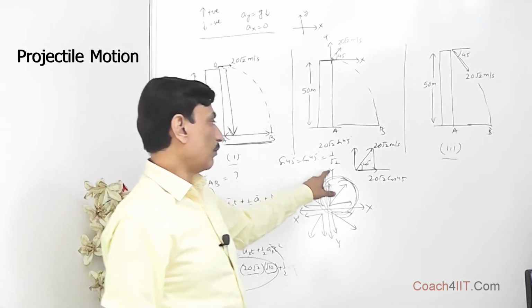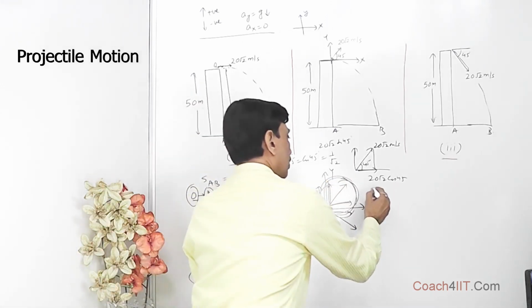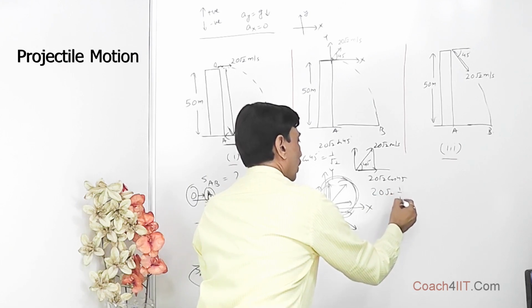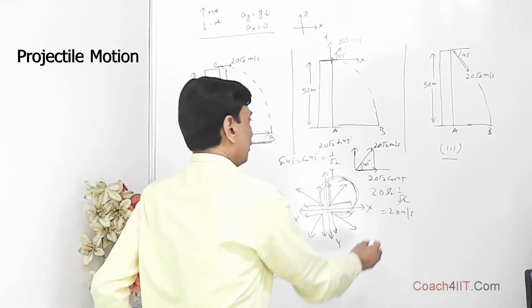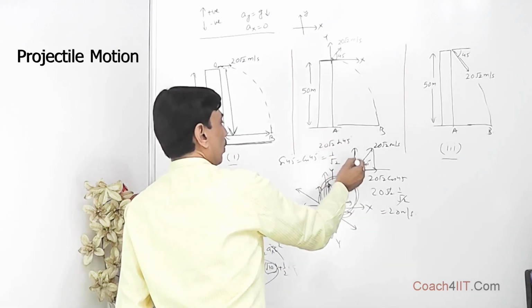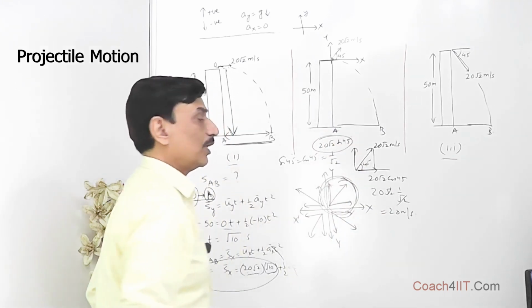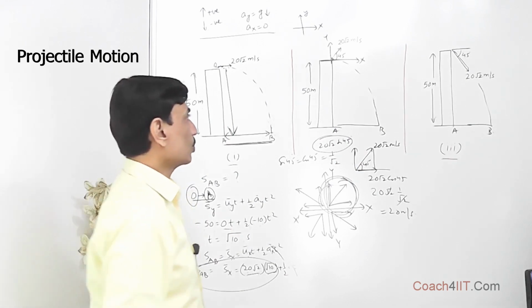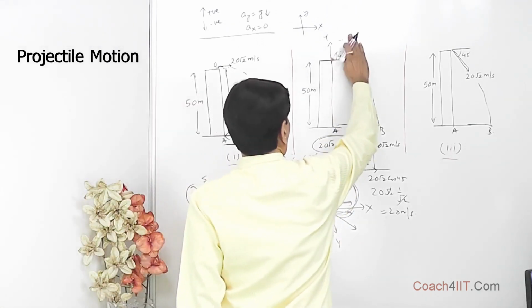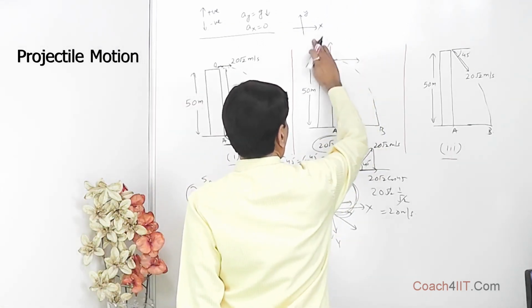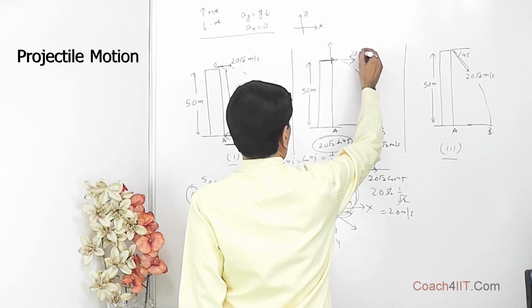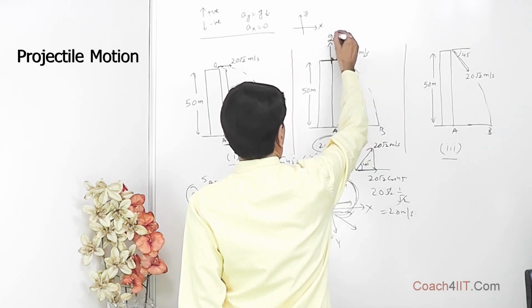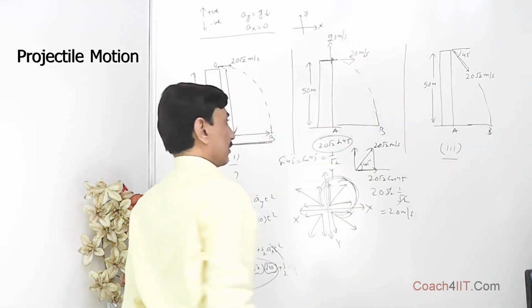So when we put the value of 1 by √2, this is 20 into √2 into 1 by √2, so this comes out to be 20 meter per second. Similarly, this component along the y-axis will also come out to be 20 meter per second. So we can break this velocity in two components, this component is 20 meter per second and similarly this component is also 20 meter per second.